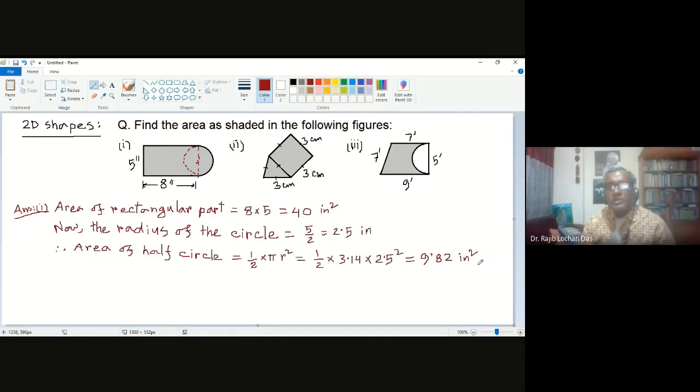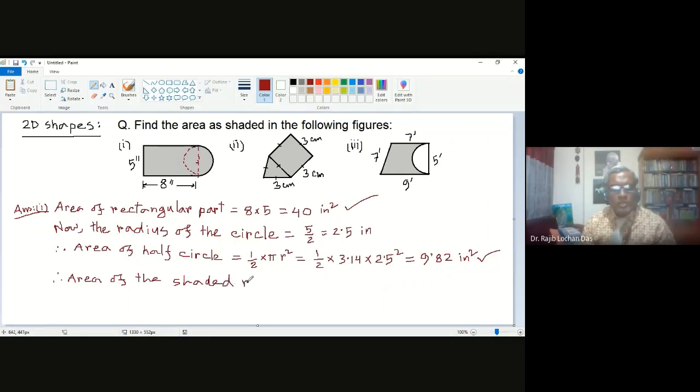Area is square. So you now add together. This is one part and this is one part. So you add together. So you will write area of the shaded region, shaded figure, area of the shaded figure, okay.